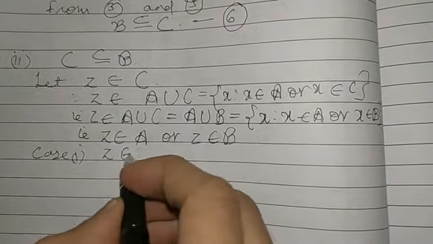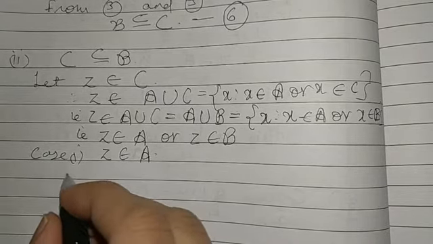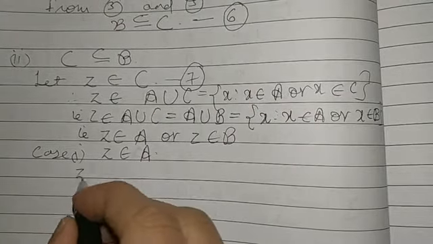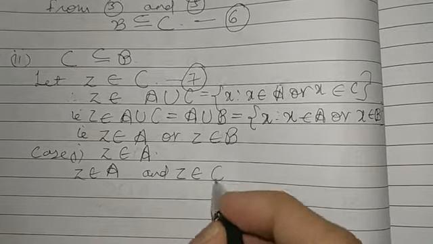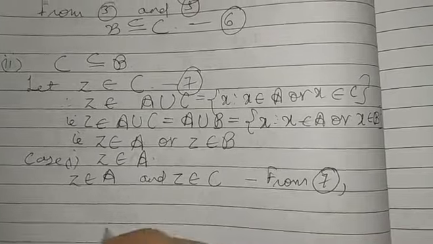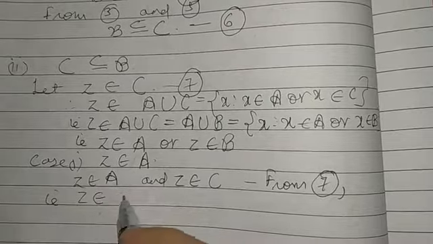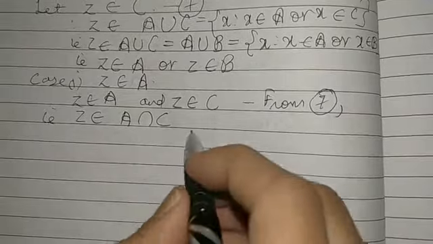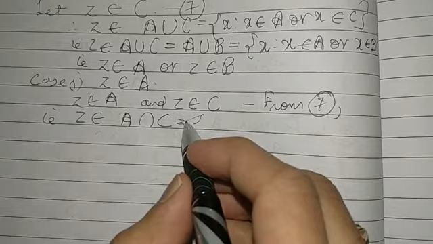Case 1 is Z belongs to A. If we call this 7, then Z belongs to A and Z belongs to C, from 7. So Z belongs to A intersection C.